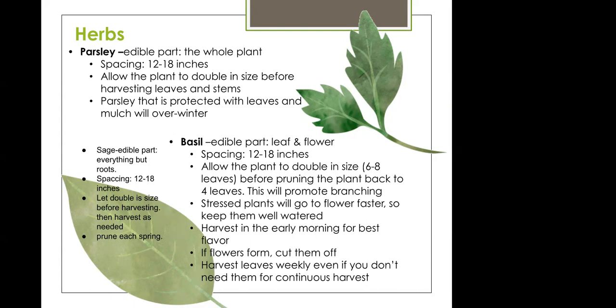With parsley, you can help it get through the winter by covering it up with leaves and mulch and helping it overwinter. Probably right now, if you did that sometime around May, will be a good time to uncover it. Maybe even late April, depending.